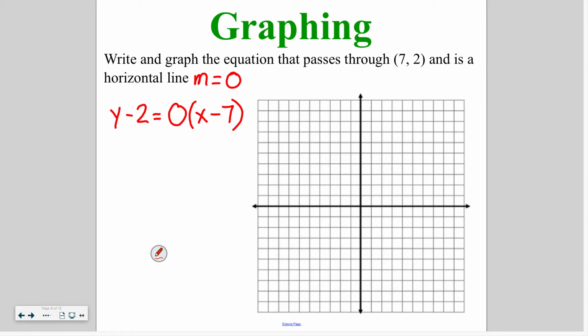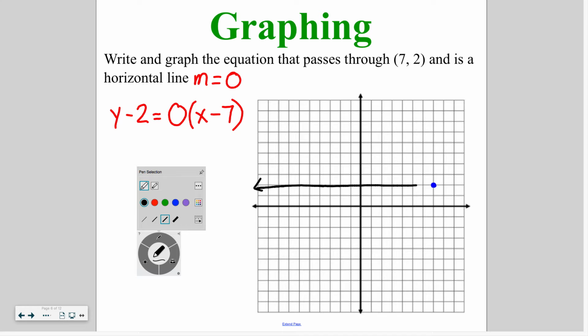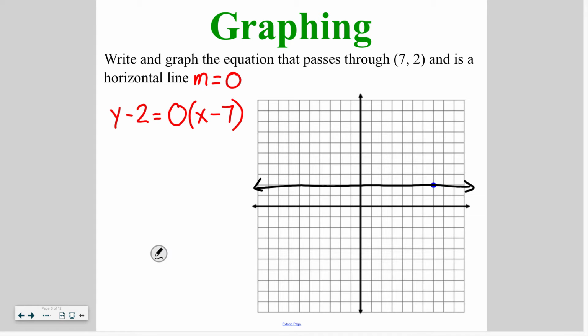So writing the equation is the same. Graphing starts the same, so we're going to go over 7 and up 2. And then when it asks for a horizontal line, all you have to do is go ahead and draw in that horizontal line. So that's just one kind of slight difference. The only one that will have this case is if it asks for a horizontal line.